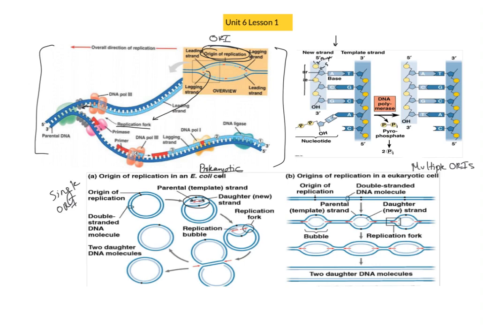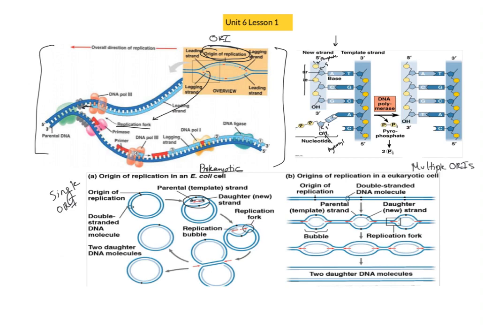On the other side, we have the 3' carbon that's attached to the hydroxyl, or OH. And a DNA molecule with two strands is anti-parallel because one strand runs from 5 to 3 and the other runs 3 to 5.